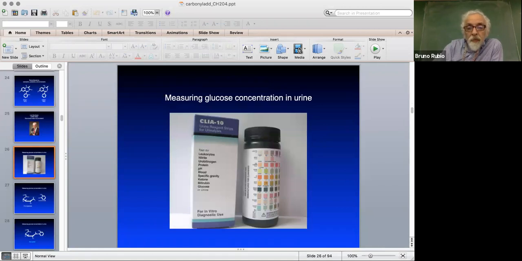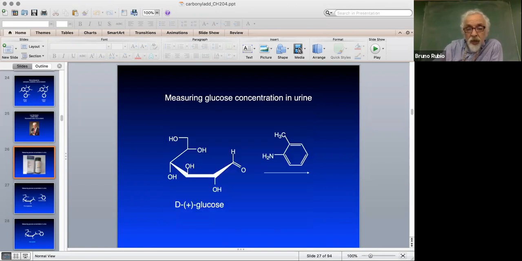Okay, we talked about how a skilled, trained technician can use these strips. This would be in a hospital setting, strips to analyze glucose in the urine of a diabetic, and we talked about this chemistry, about how this is glucose, open chain form. This is a primary amine.